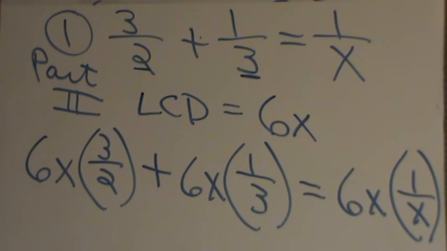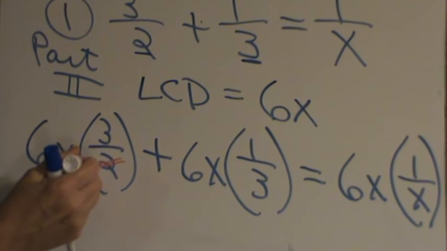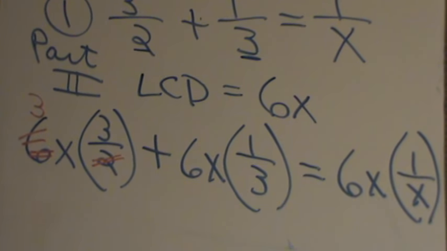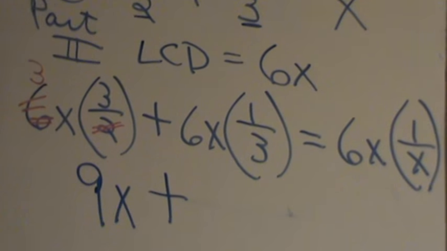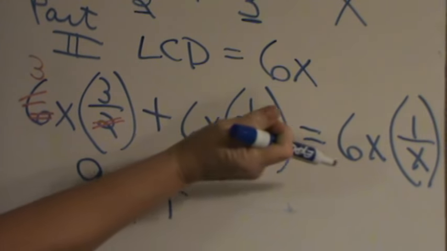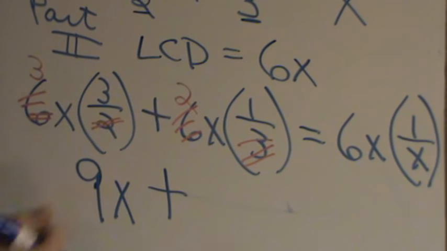Alright, now watch how this happens. I'm going to get another color of pen. Watch this. 2 divides into that 6 3 times. So 3x times 3 will make that a 9x. 3 divides into that 6 2 times.